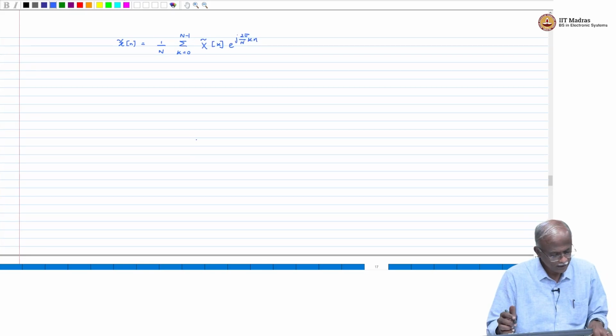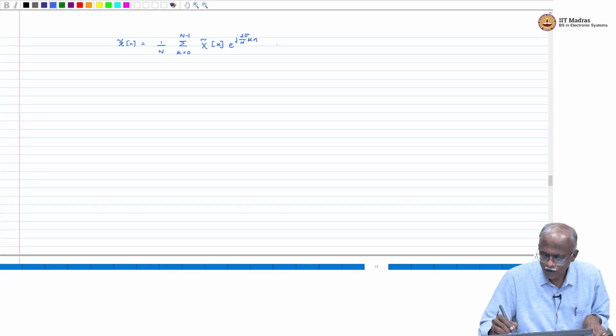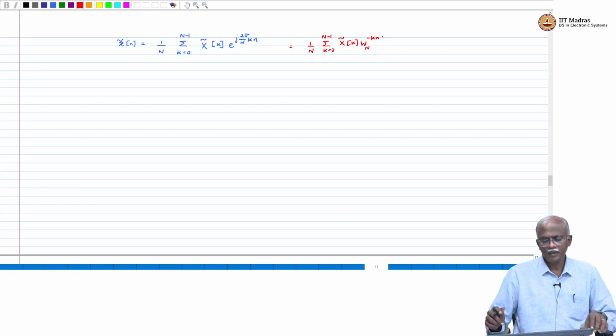Basically this is the expression, or if you want to write it in terms of the W expression, summation k equal to 0 through N minus 1 x tilde of k W_N to the power minus kn.